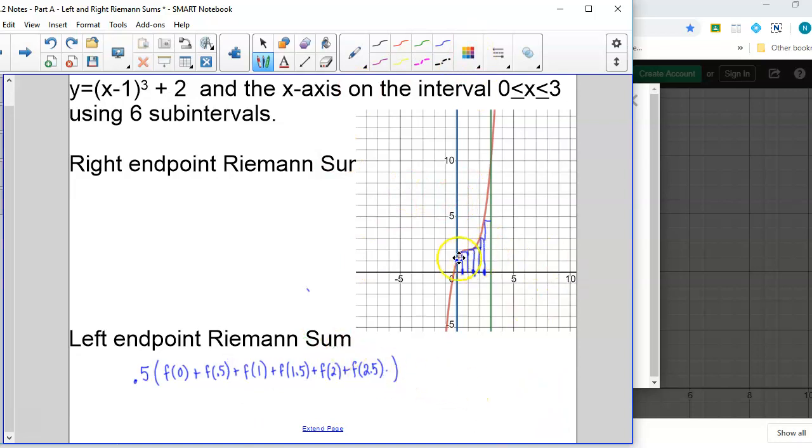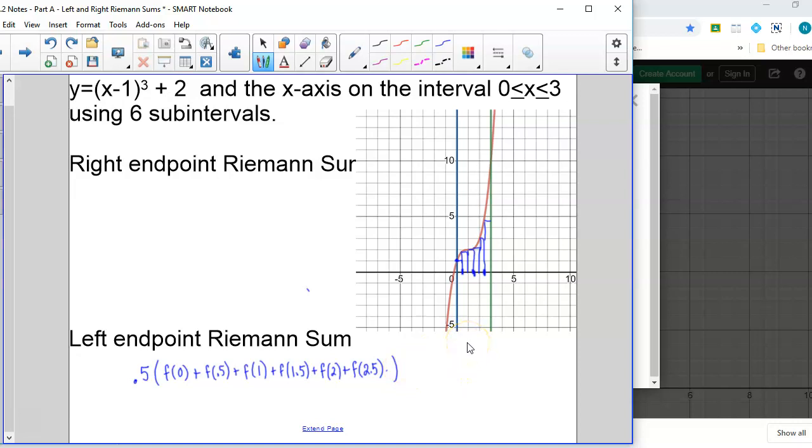Okay, so notice I use 0, 0.5, 1, 1.5, 2, 2.5. I do not use 3, right? Because if I'm using six subintervals, I should have 1, 2, 3, 4, 5, 6 heights here. So use the first number. You do not use the 3 at the last.